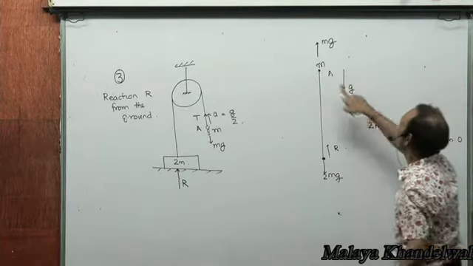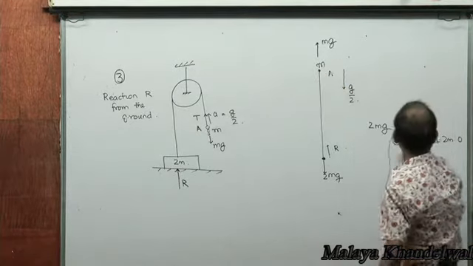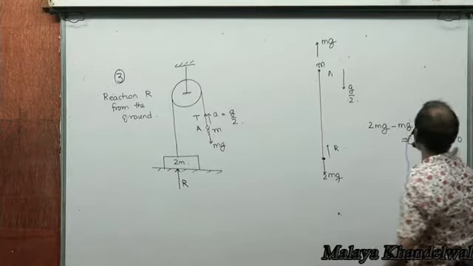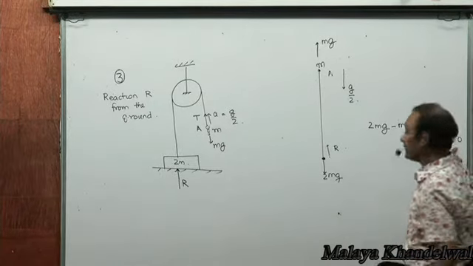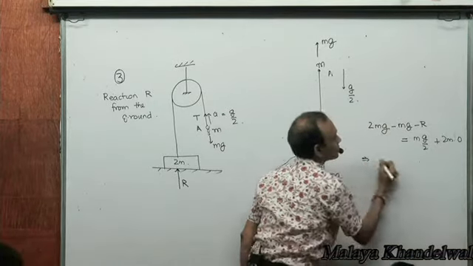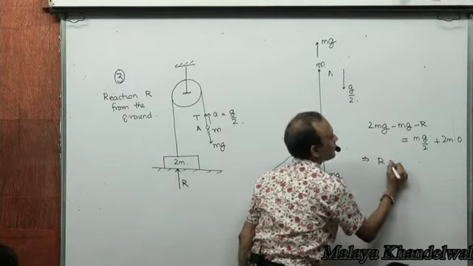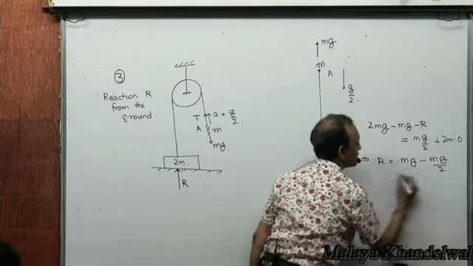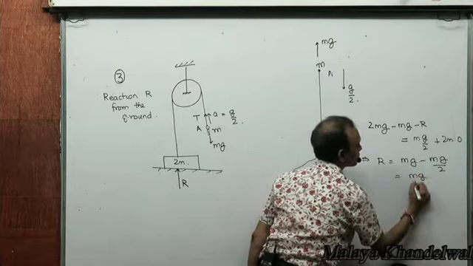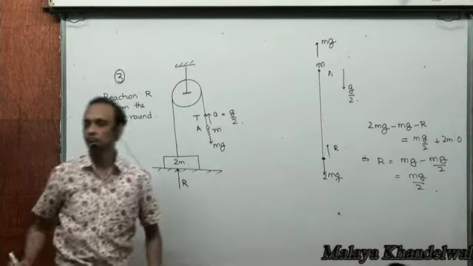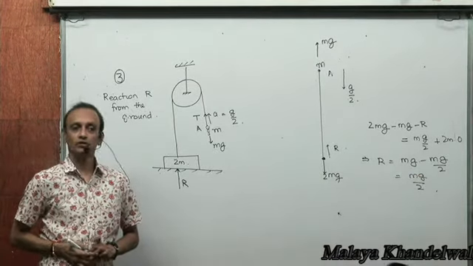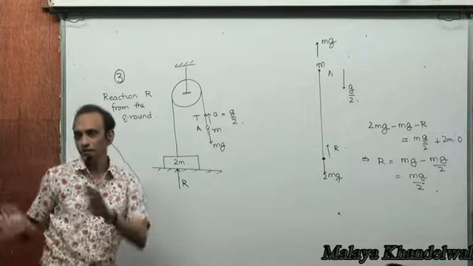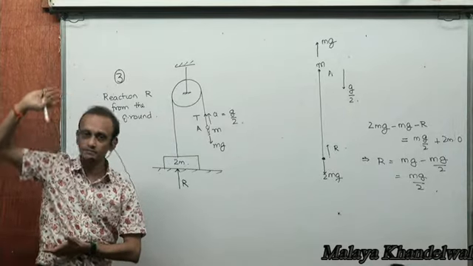Net downward force must be mass of this into downward acceleration of this plus mass of this into acceleration of this. Clear? So that gives me r equal to mg minus mg by 2. That makes it mg by 2. By looking at the equivalent system. Do you understand what we did by straightening up things?